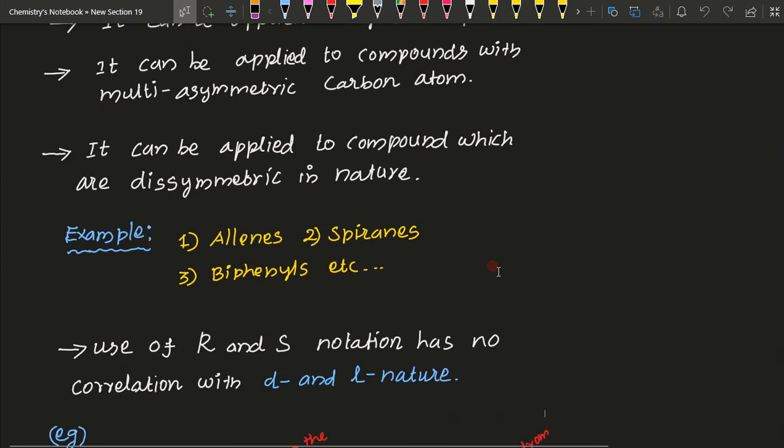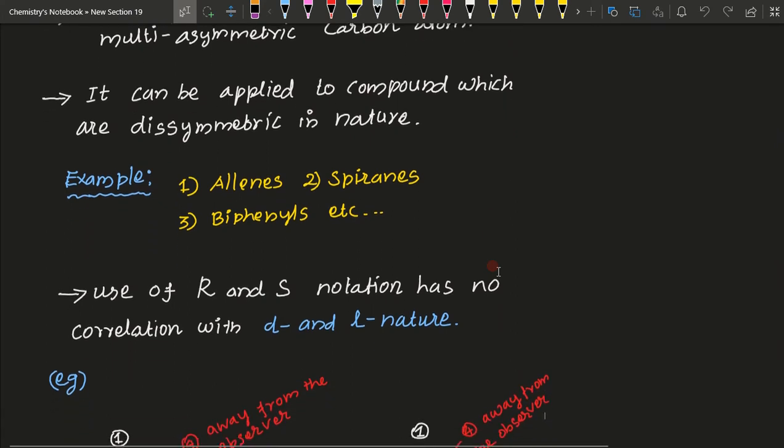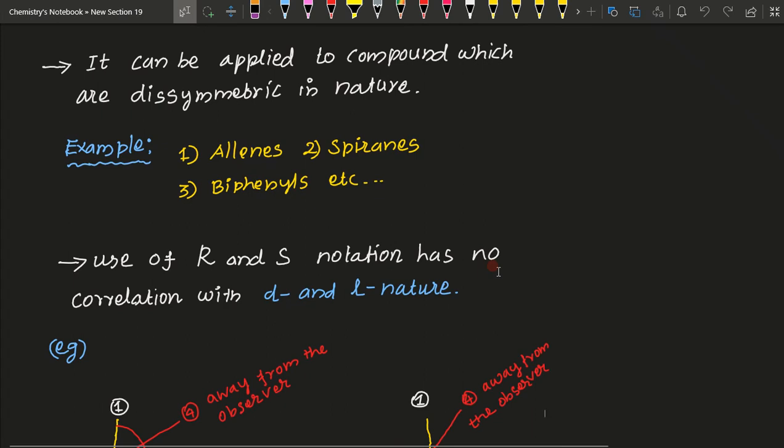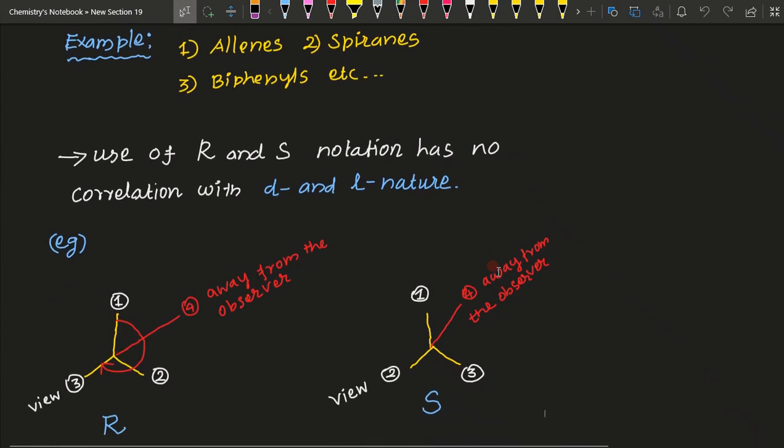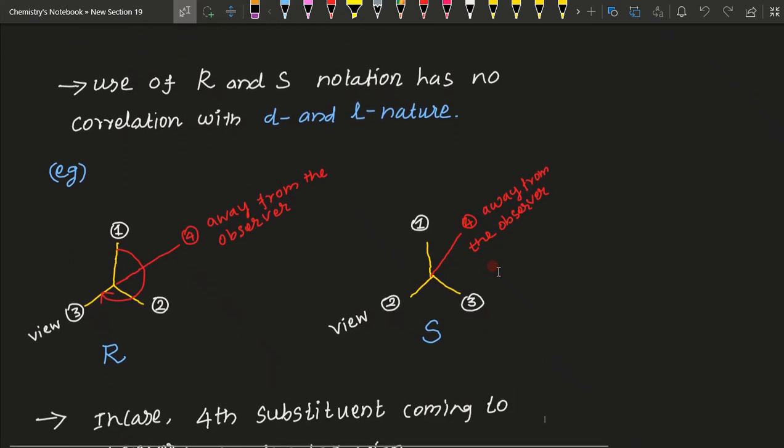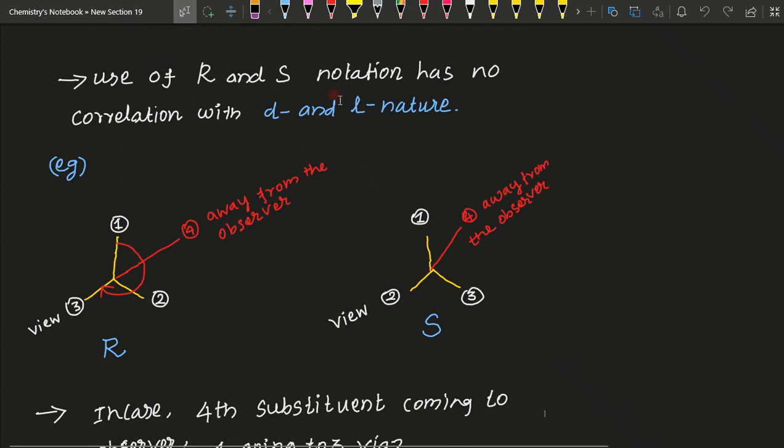It can be applied to compound which are disasymmetric in nature. For example, first one is allene, second is pyrene, third one is biphenyl. It is like this. Use of R and S notation has no correlation with D and L nature. Please don't confuse with dextro and Levio.